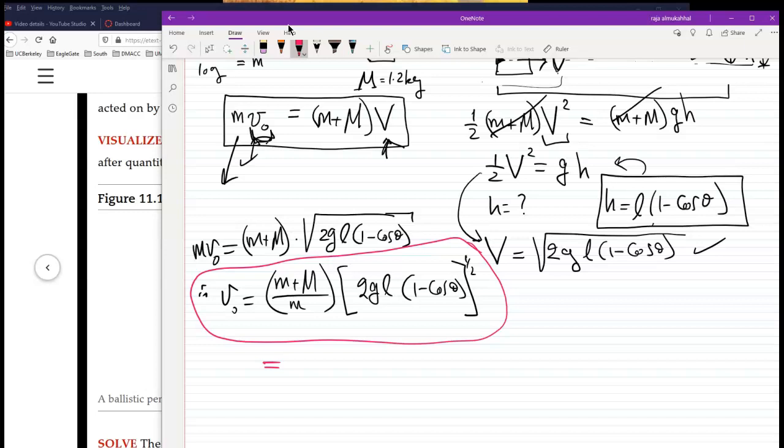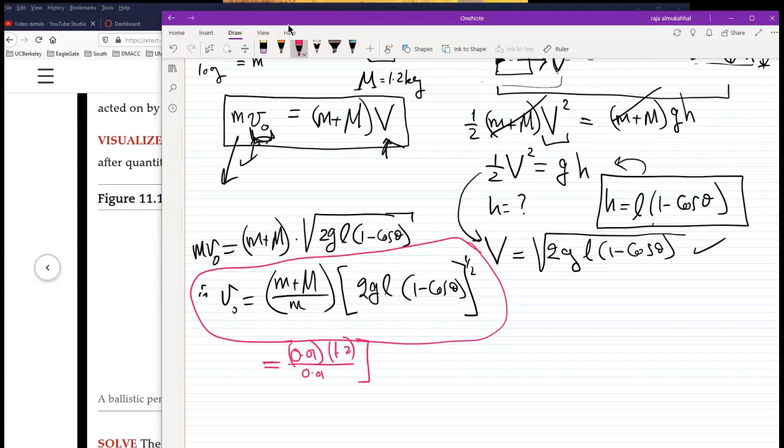So the mass of the bullet is 10 gram, which is 0.01 kilogram. And then the mass of the block is equal to 1.2, I'm copying from my notes, divided by 0.01.